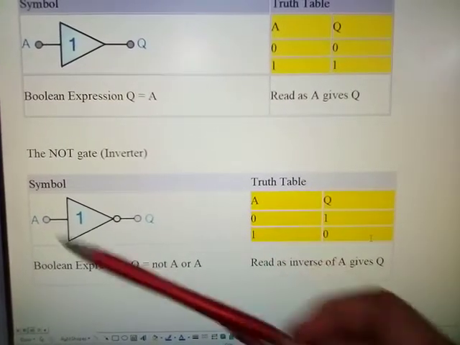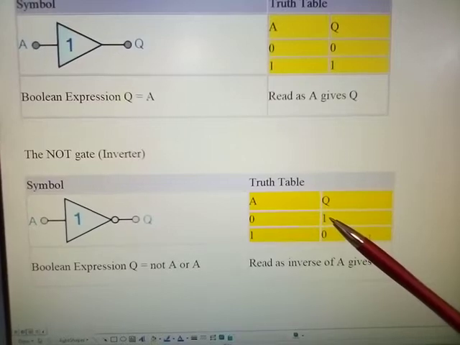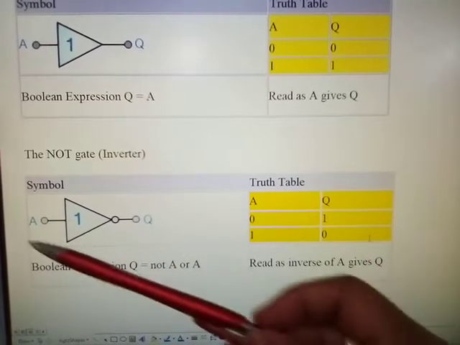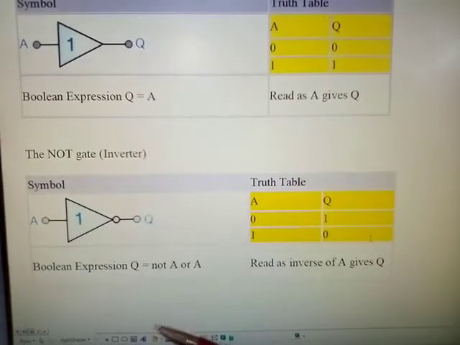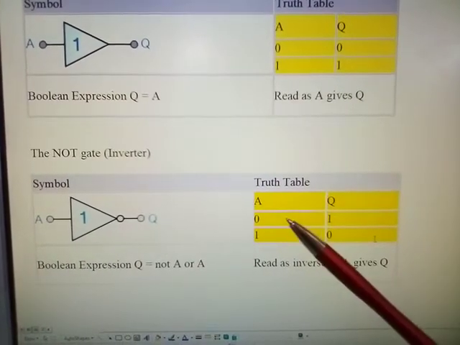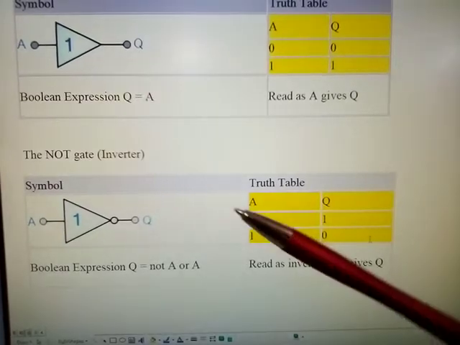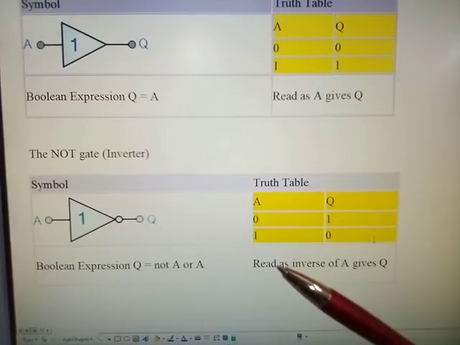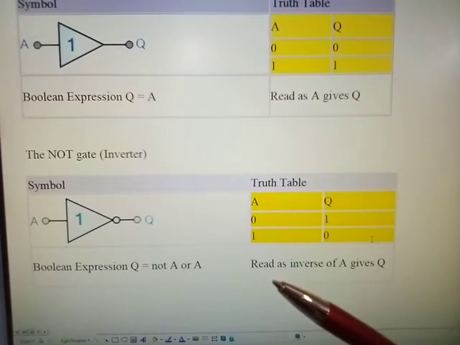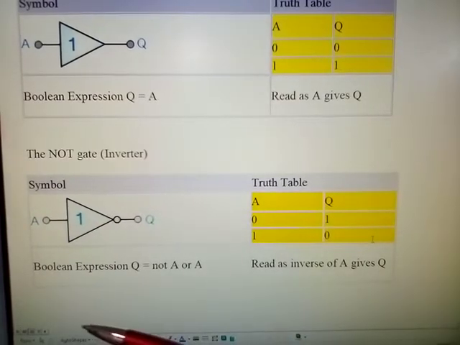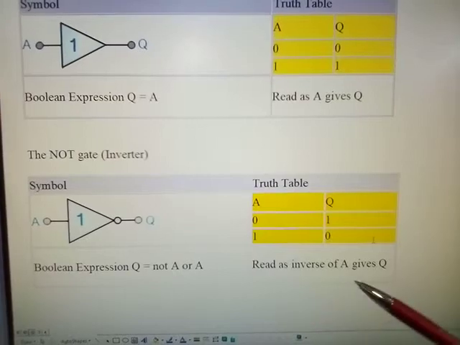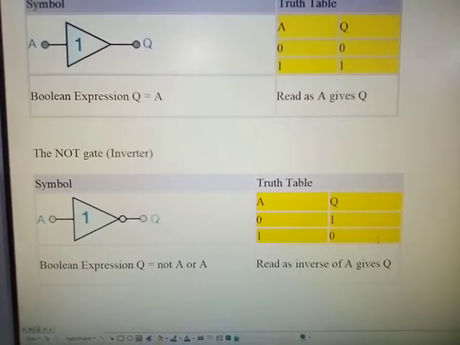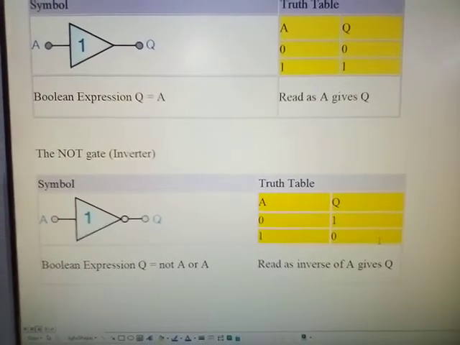If you have a NOT in, you'll get a 1 out, and if you have a 1 in, you're going to get a NOT out. Again, you can see you can modify these and adjust the truth tables with a combination of other logic gates to create quite a complex system. Now, Boolean expression Q equals not A, or A bar, read as inverse of A gives Q. Okay, and that's just a simplified version of that.